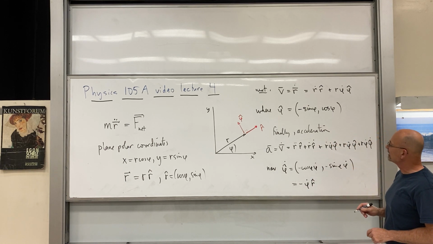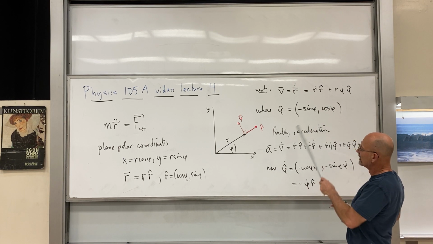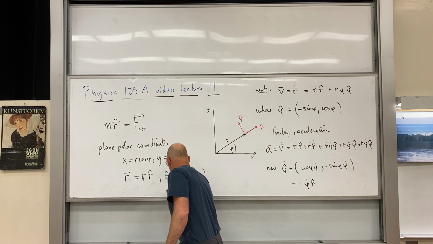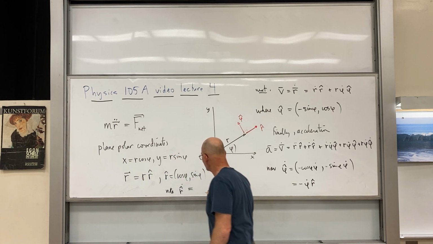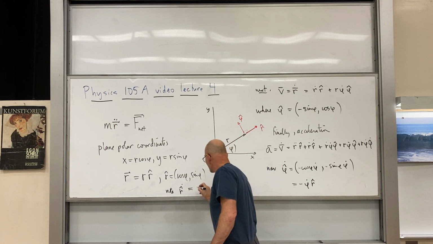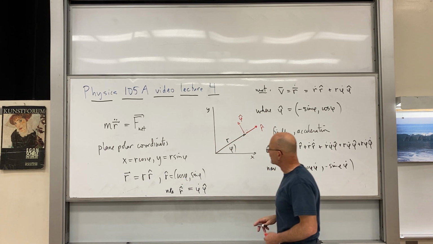Now we can put everything together. Note that r hat dot, which was in here, was equal to phi dot phi hat. So now we can put it all together.